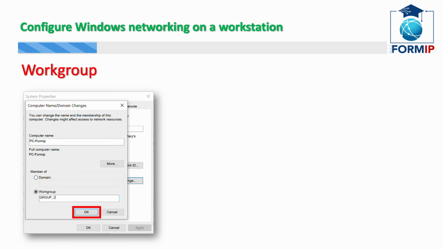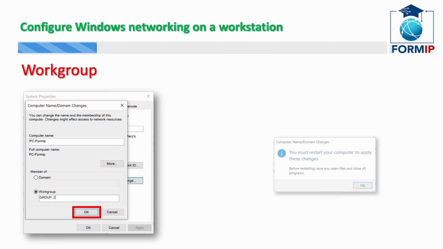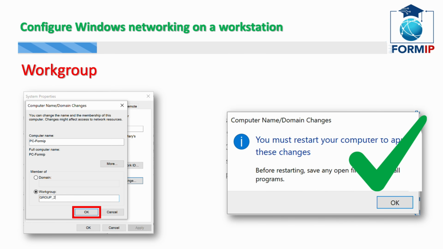For the example, I put Groupie 2. And finally, all you have to do is restart the computer so that the change is taken into account. So you should know that the work group is not at all suitable for large companies. In this case, it will be more of a domain that will have to be used, and that's precisely what we're going to see right away.